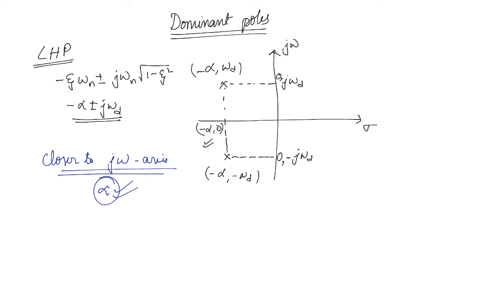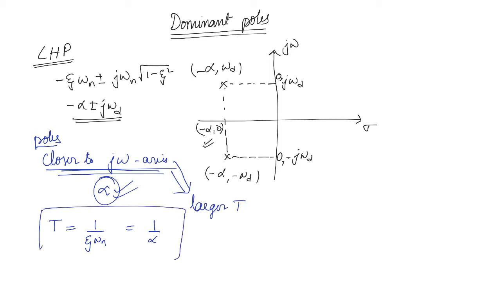Now the time constant t is given by 1 by zeta omega n, so this is nothing but 1 by alpha. This means that the poles which are closer to the j omega axis will have a larger time constant, because of this relation.